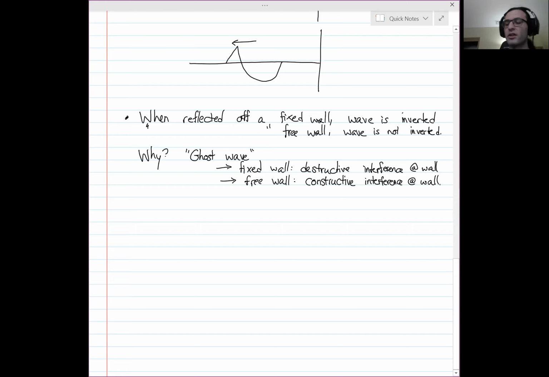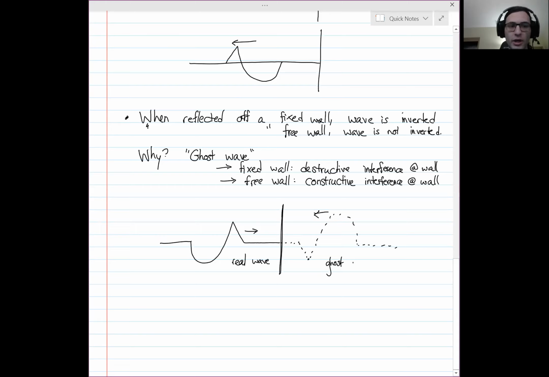So the idea is that you just imagine that your wall projects out, or has a ghost wave on the other end that does what we need it to do to get those properties right. So here's your real wave on the left coming in, and then you have your ghost wave on the right going in.